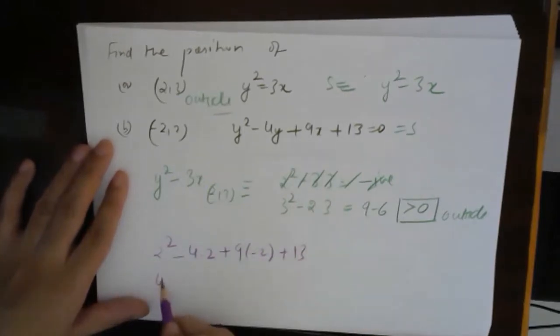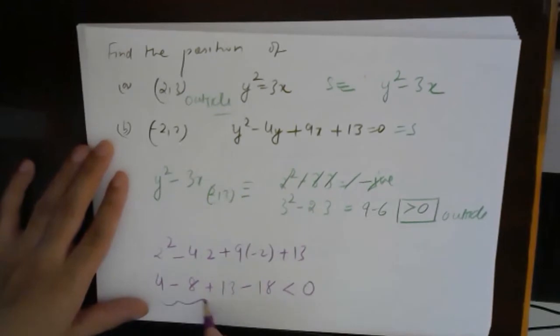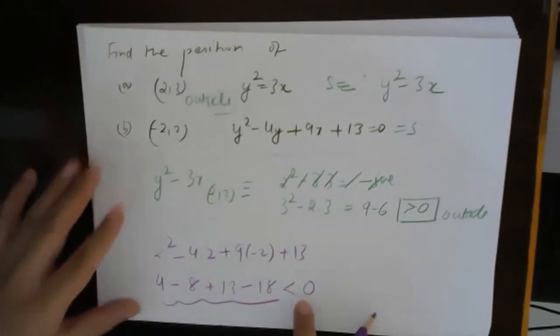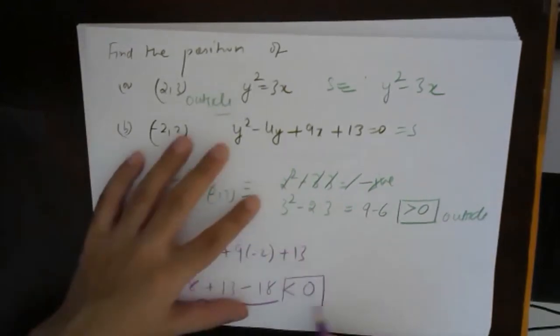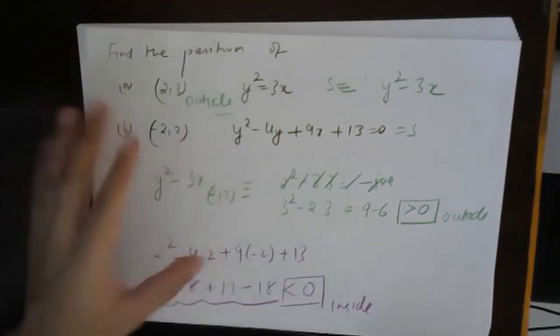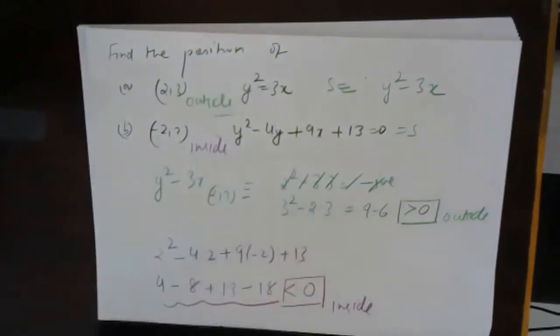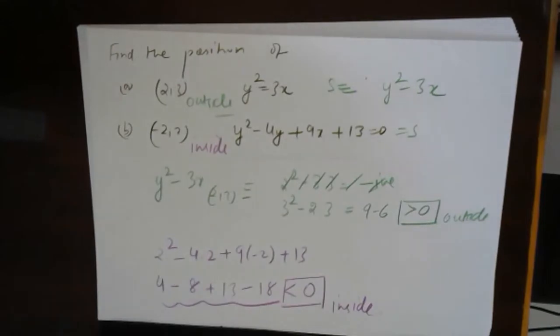So this becomes 4 minus 8 minus 18 plus 13, which is -9. So overall the sign will be less than 0. If the sign is less than 0, this means the point lies inside. I hope for both parts the solution is very simple and clear.